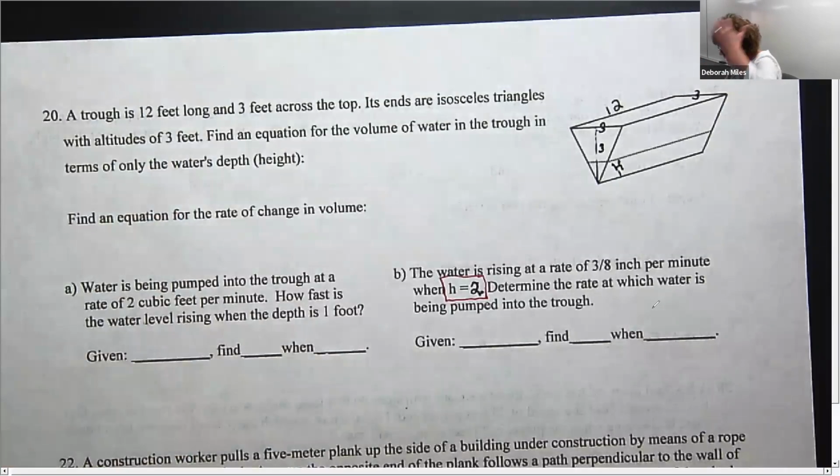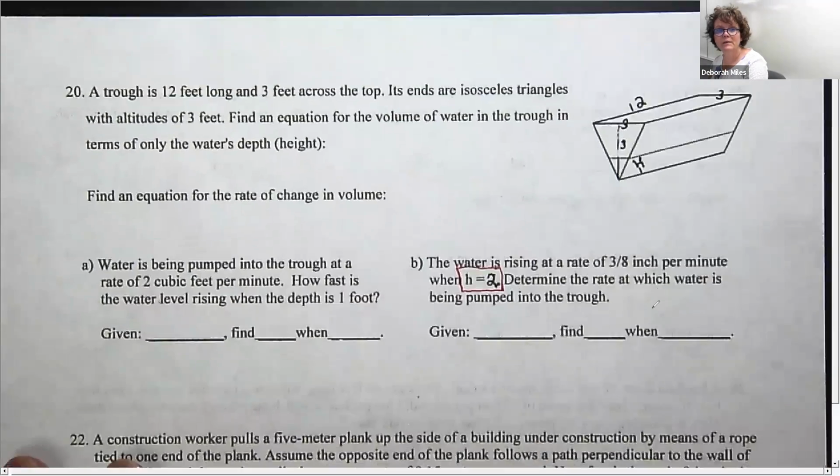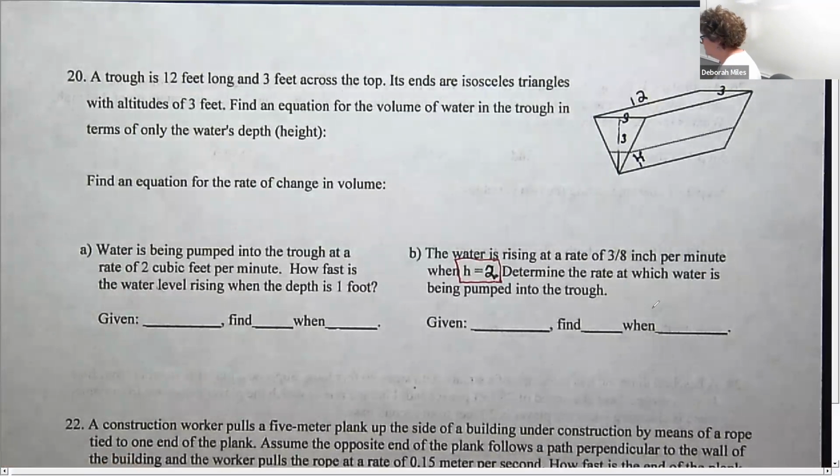Now, if I looked in the inside cover of my book, you think there'd be a formula for the volume of a trough? No, there's no formula for volume of a trough in my book. So how would I come up with it? The area of the triangle times the length of the trough.